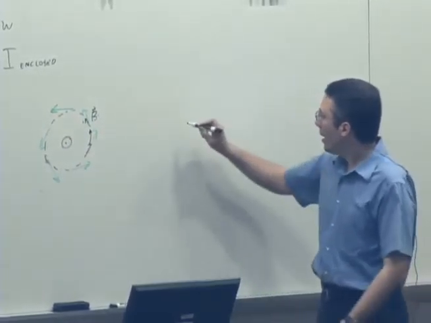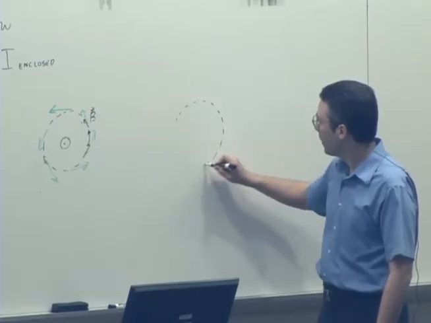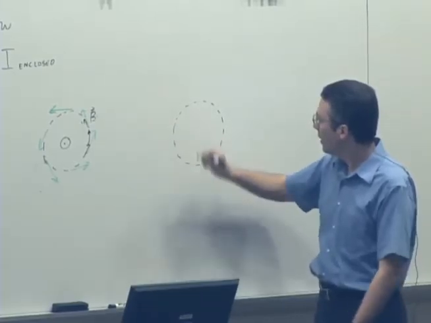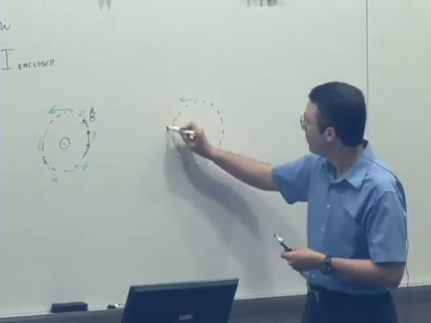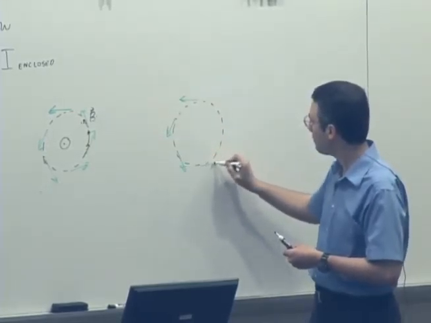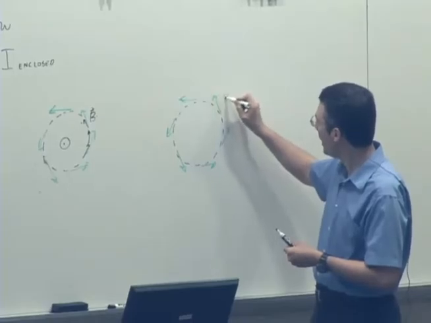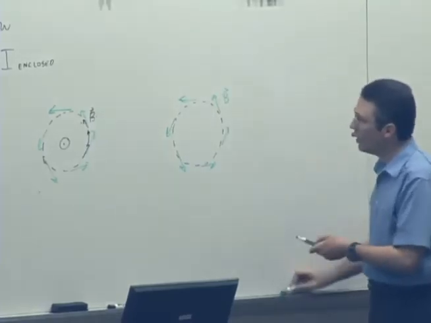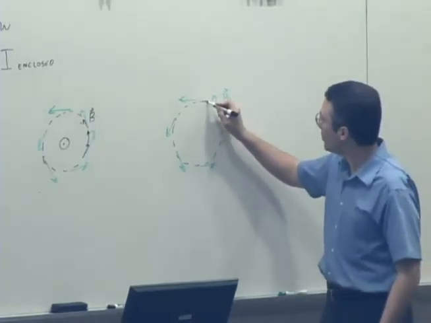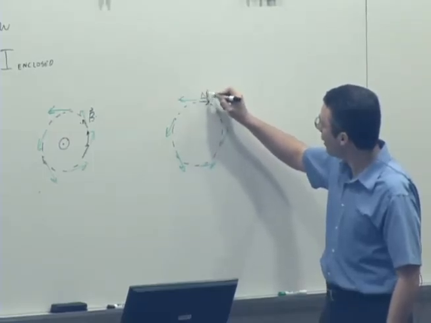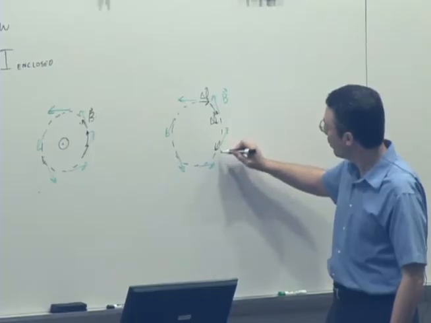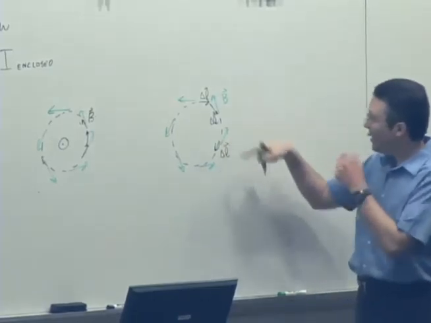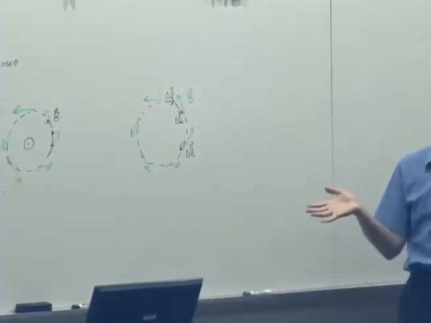Had I chosen the same magnetic field, so that's B again, but I choose a path integral in the opposite direction, so delta L is that way, then when I sum up all those dot products of B and delta L, now I'm going to get a negative number, right?